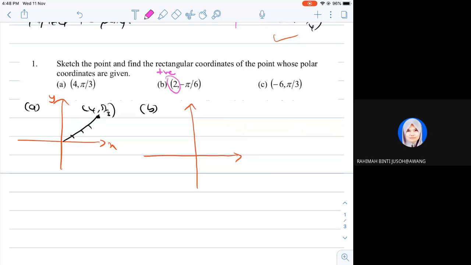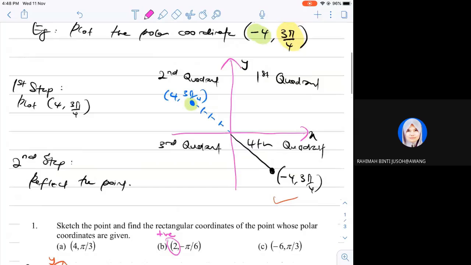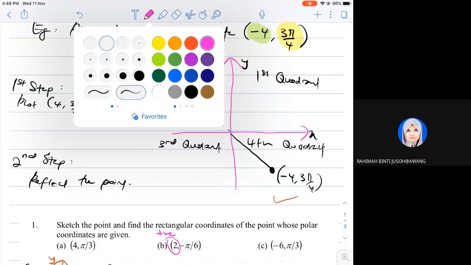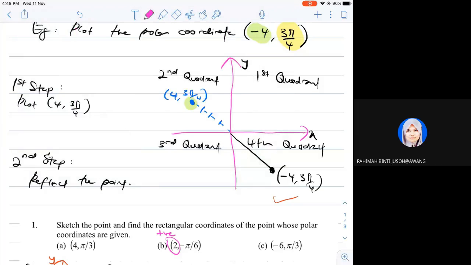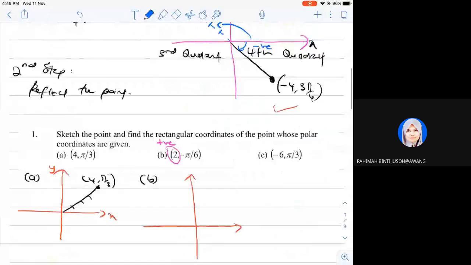Alright, guys, let me explain to you. Positive angles are counterclockwise, anti-clockwise. This is the positive angle. And this is the negative angle, clockwise, ikut arah jam.